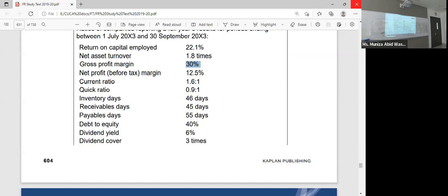Overtrading means that the organization is making heavier sales, heavier credit sales, so that more customers could be attracted towards it. In that case, even if the revenue is larger, the cash position could deteriorate. So one of the reasons behind an increased gross profit margin could be overtrading.